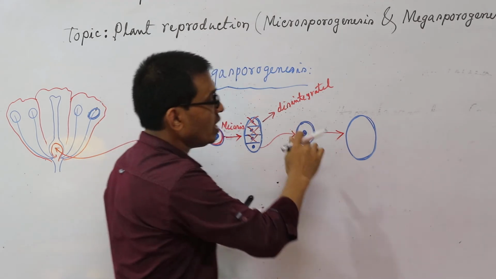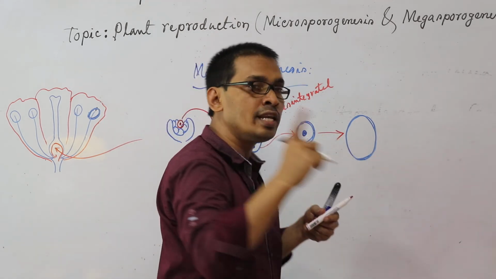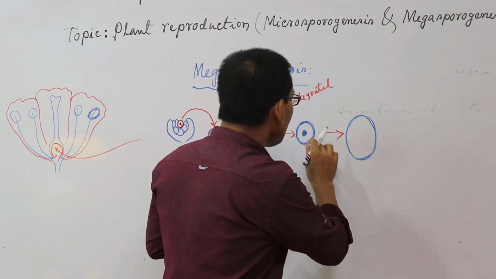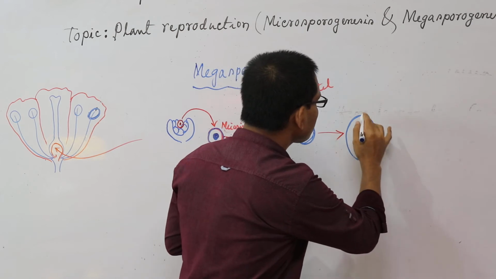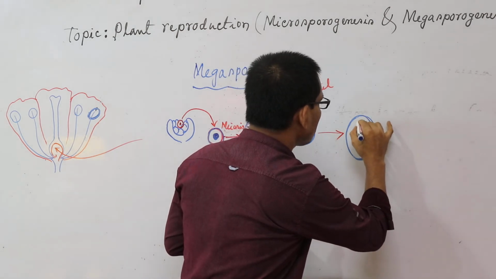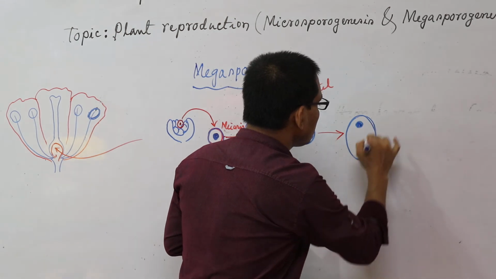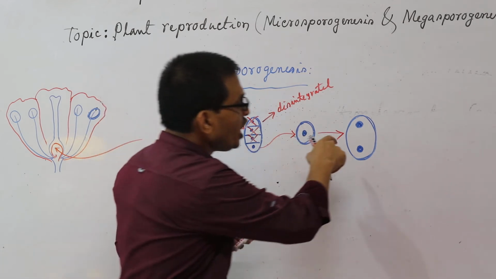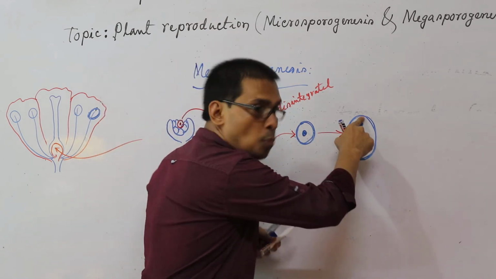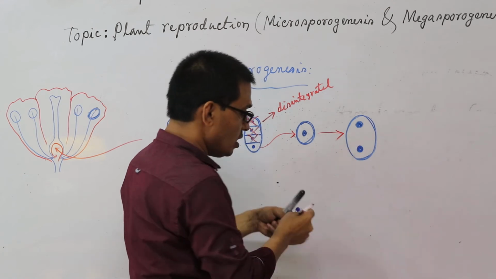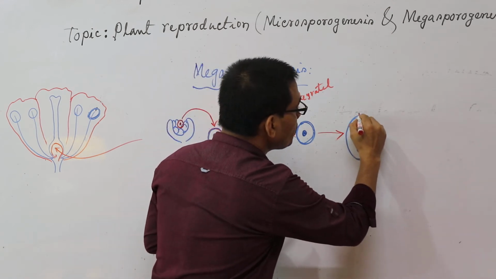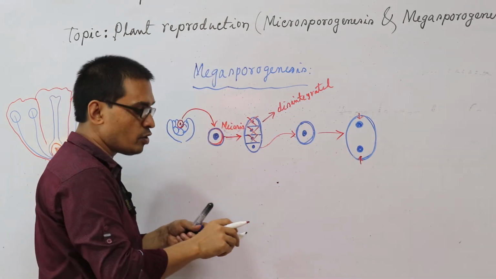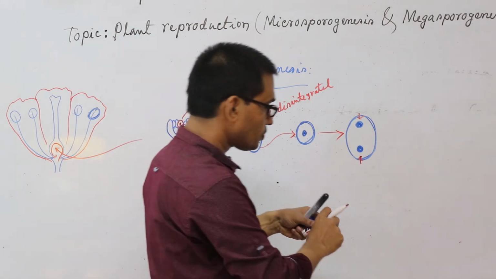The nucleus of this cell divides to form 2 nuclei, and these two nuclei take position at the two poles of this embryo sac.